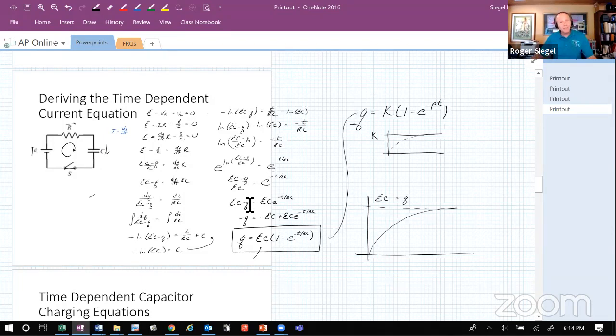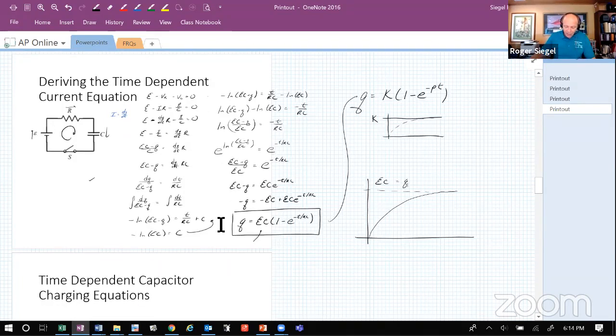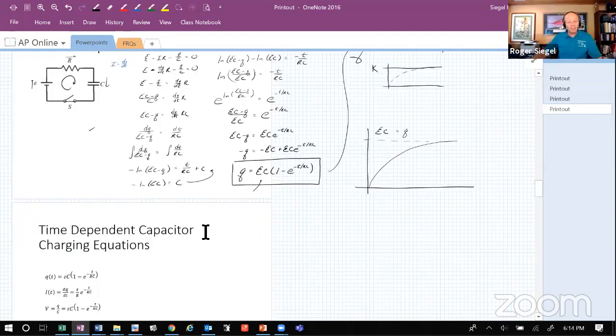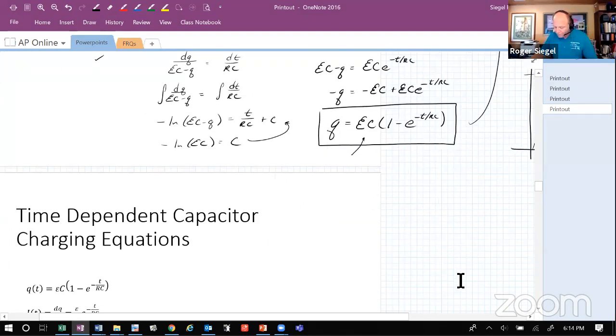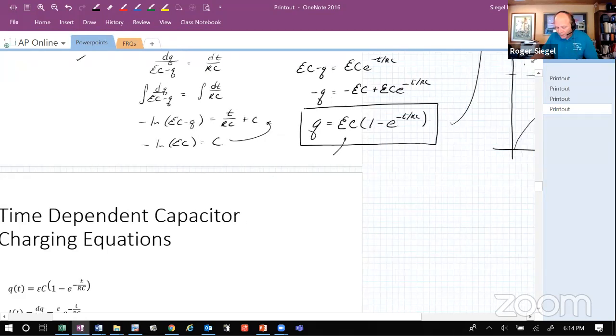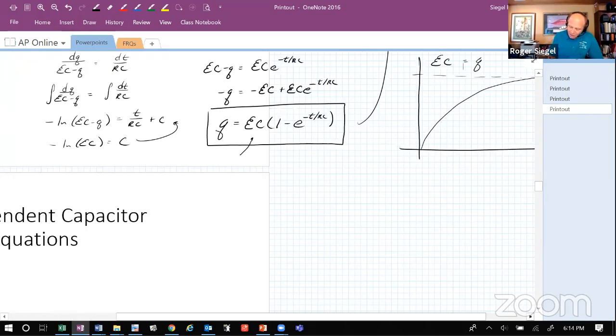Now that gives us the charge, but if I'm building an amplifier, it's very hard to measure the charge. I need to measure something like the current or the voltage. And so we can do that because once we've done the heavy lifting, the differential equation that gets us the charge, there's only 2 or 3 steps away to the current and the voltage. So first, let's find the voltage. That's the easiest one.